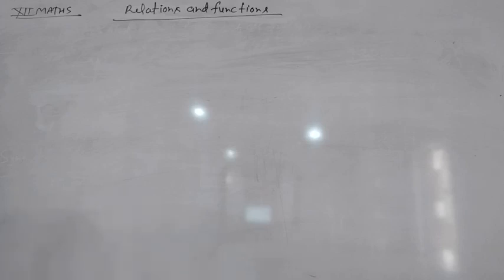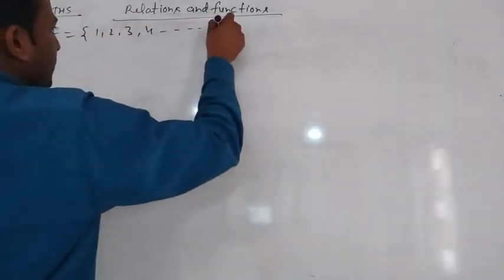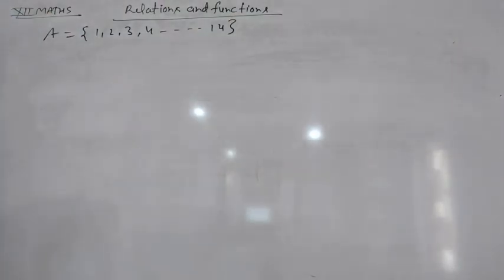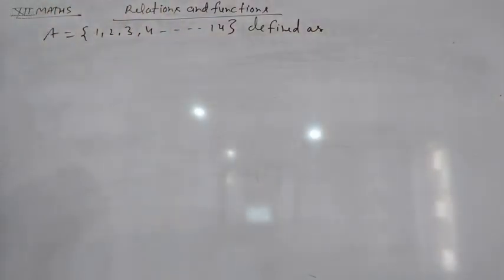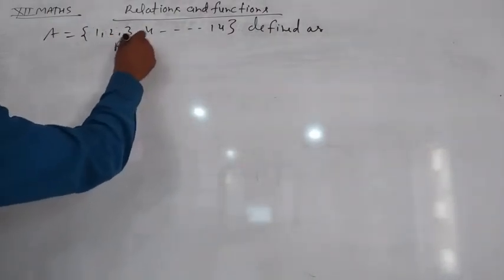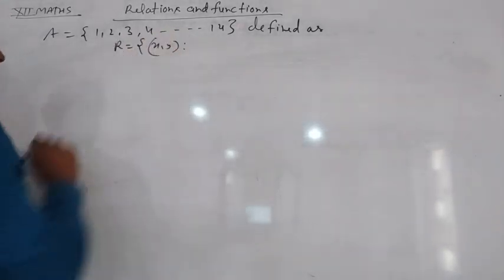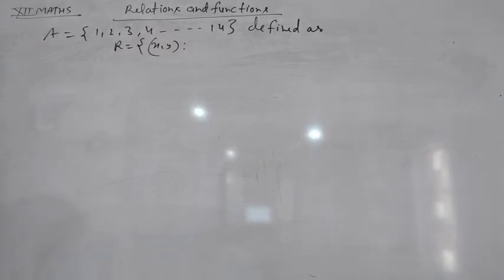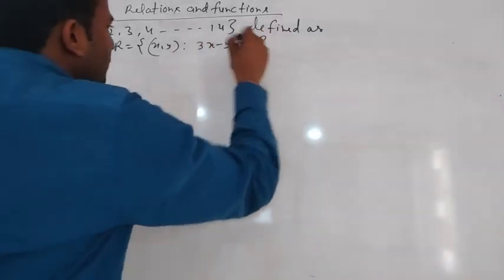So the first question: we are given a relation R on a set A, which is {1, 2, 3, 4, 14}, defined as R = {(x, y) such that 3x minus y is equal to 0}.